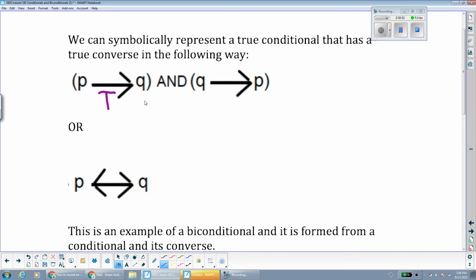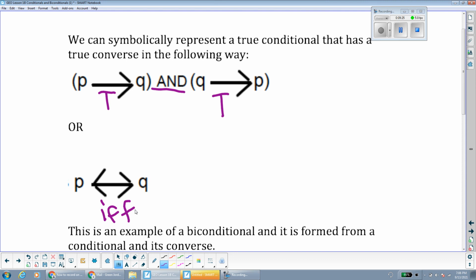And if Q then P, which means that the converse of the original conditional is also true. Or, to simplify this and write this in a more coherent way, P if and only if Q. This double arrow is read as if and only if, or for short, IFF. That is an abbreviation that you can use. Everybody in math will know what you are talking about.